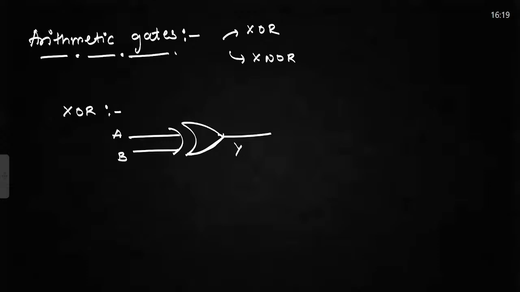So this is the symbol of XOR, right? My output equation for XOR is Y is equal to A bar B plus A B bar.